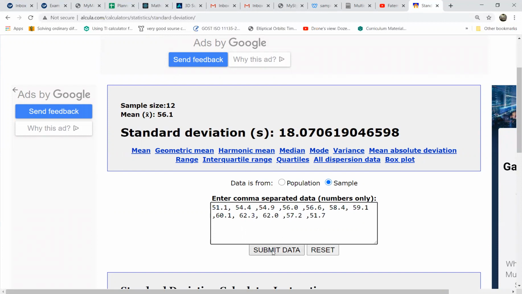So let us submit the data. As you can see, the standard deviation for San Francisco is almost 4. What's the meaning of that? It means that on average, every temperature is away from the mean by 4 degrees. Again, standard deviation is much better than range or any other measure of variability.